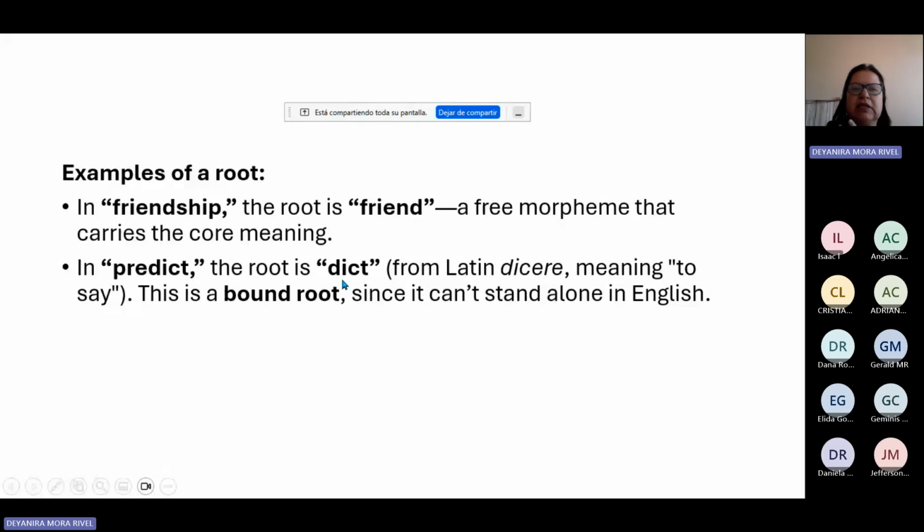Well, not exactly, but at least it starts with a D. So it comes from the Latin root dicere, which means to say. So to predict is to say before, right? So if we look at this word and we don't know the root, we do know that pre is a prefix, right? Something that changes the word at the beginning, that is added to the word.